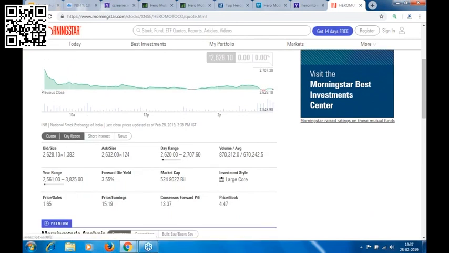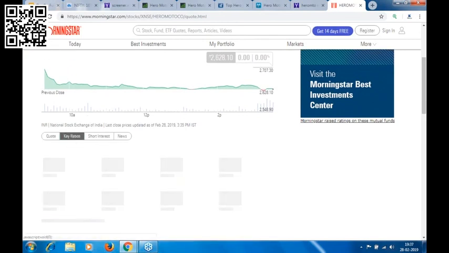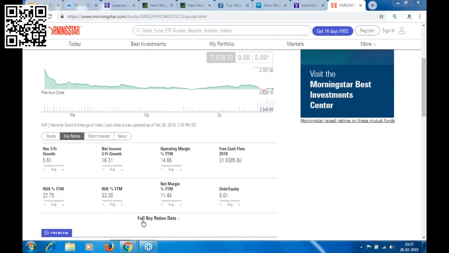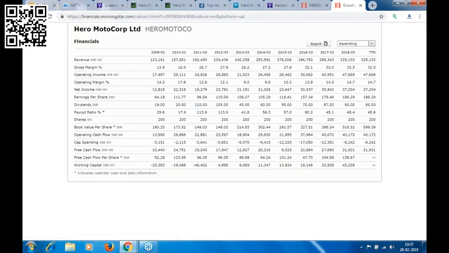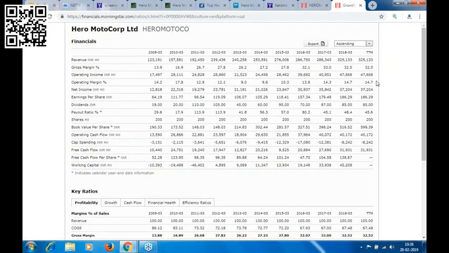So I will click on key ratios. Full key ratio data. So this is what I will get.